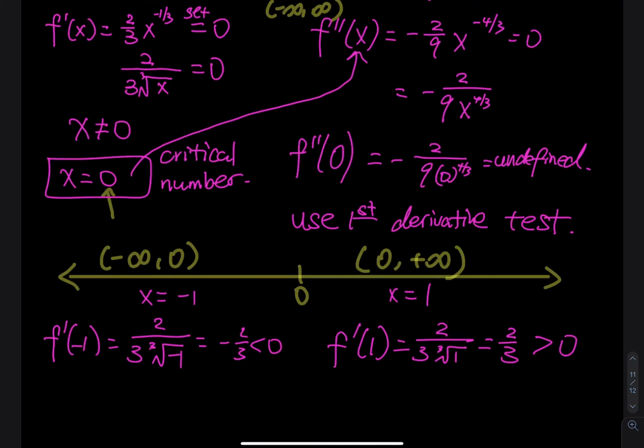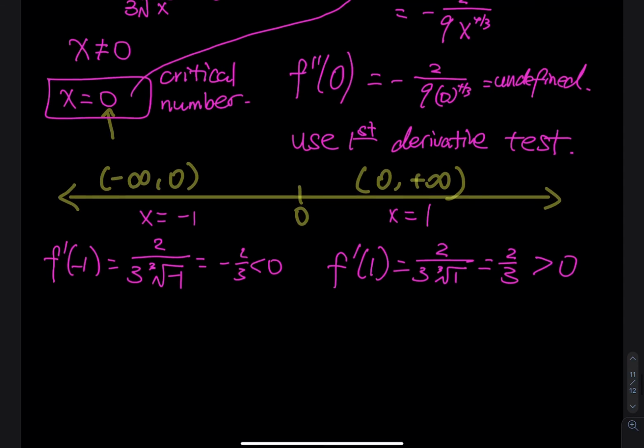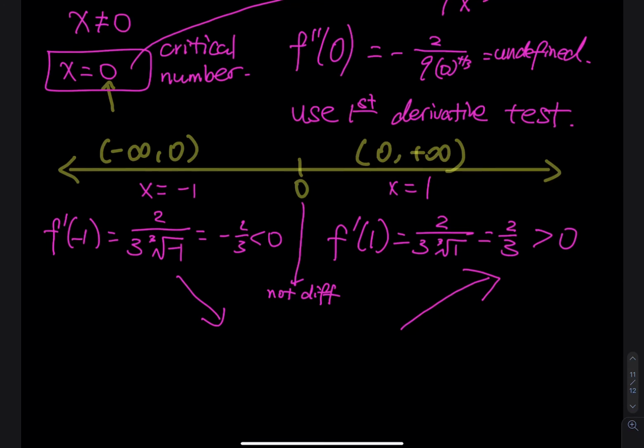Remember the previous problem kept going down, so we could not determine a min or max, but this one is different. This one is less than 0, decreasing, greater than 0, increasing, and at this point it's not differentiable. That's okay. We don't have a horizontal tangent. That is totally fine. So we can still conclude that there is a local minimum at x equals 0.